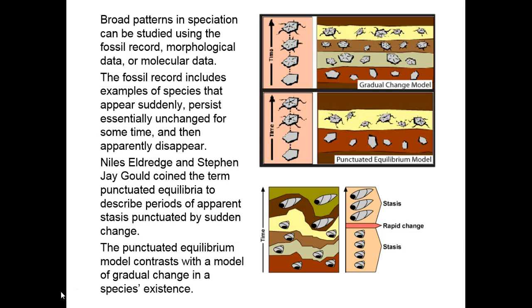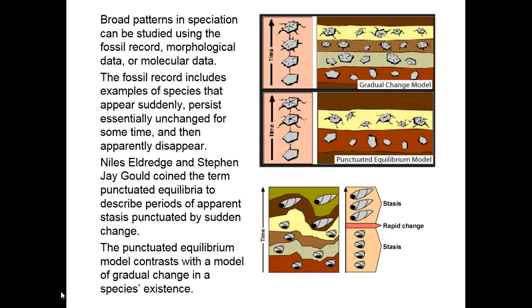And then it's these two gentlemen, Niles Eldredge and particularly Stephen Jay Gould, who has written numerous books about evolution and has done a great amount to bring it to the layperson, who coined the term punctuated equilibria to describe the appearance of sudden change.